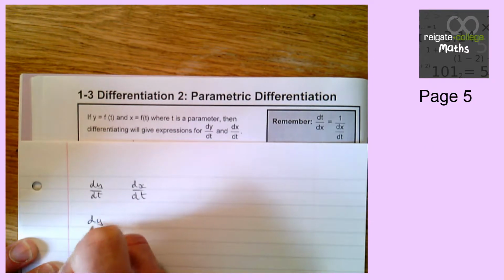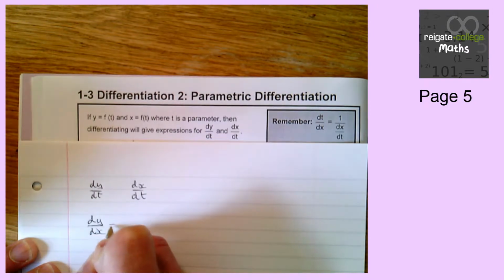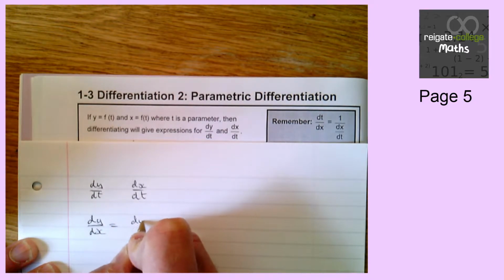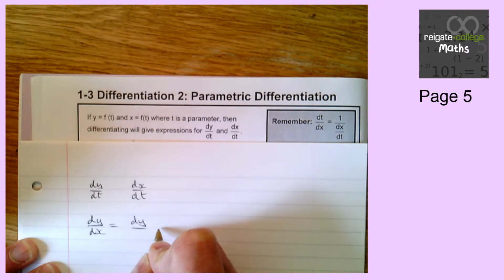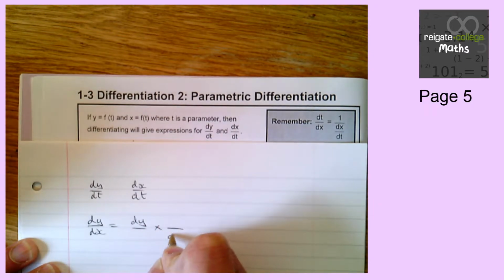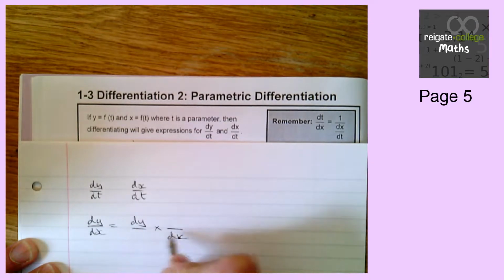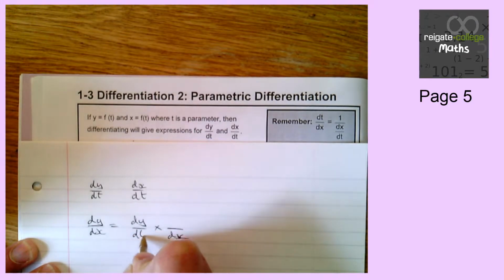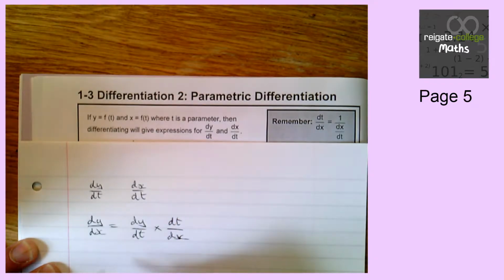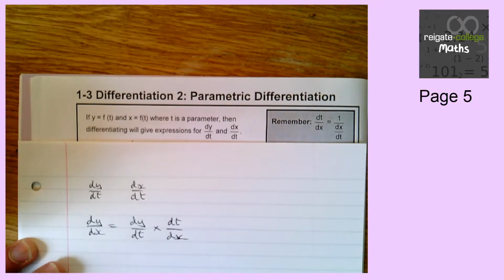So we're going to say that dy by dx is equal to dy by something, over dx by something. So we simply put dt in at the top and the bottom, dt and dt. So this is one way of writing the chain rule.